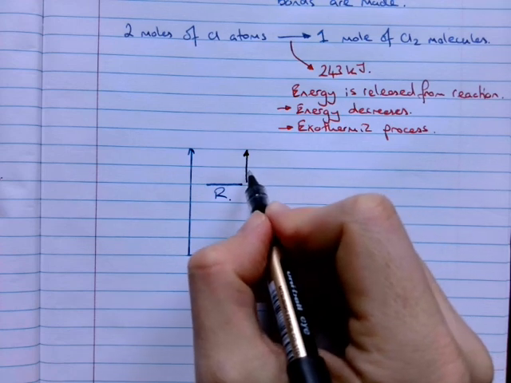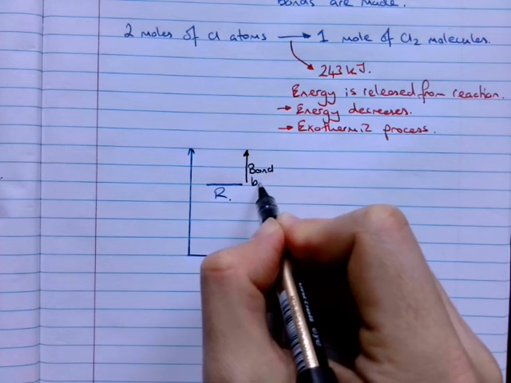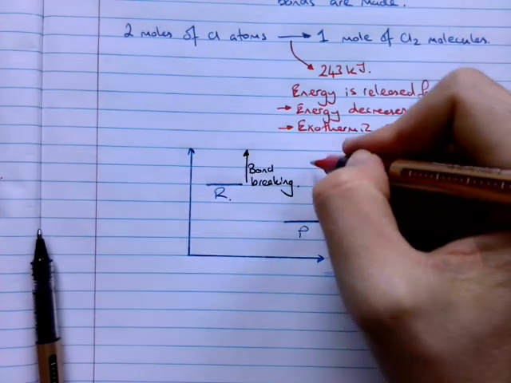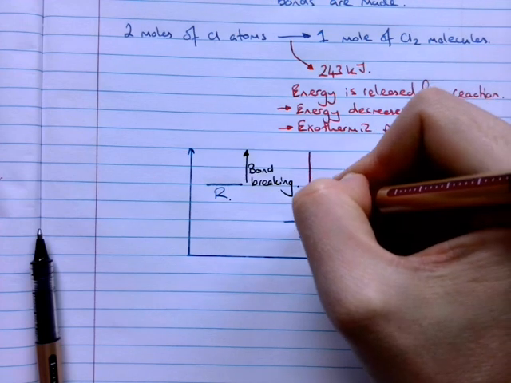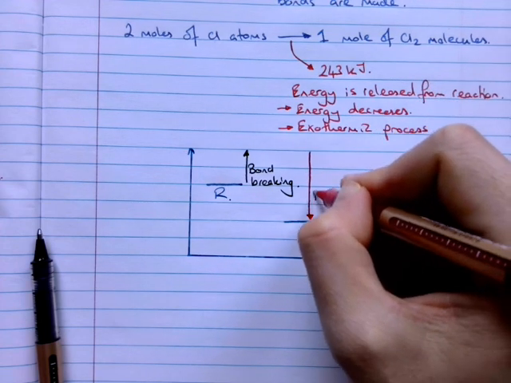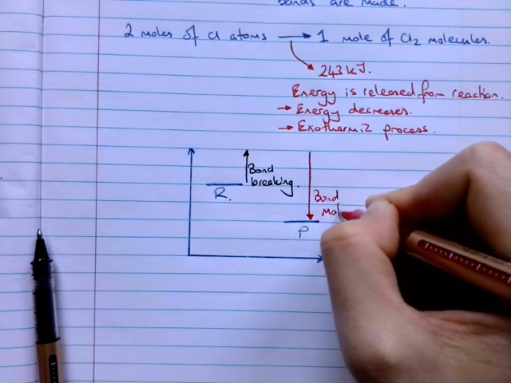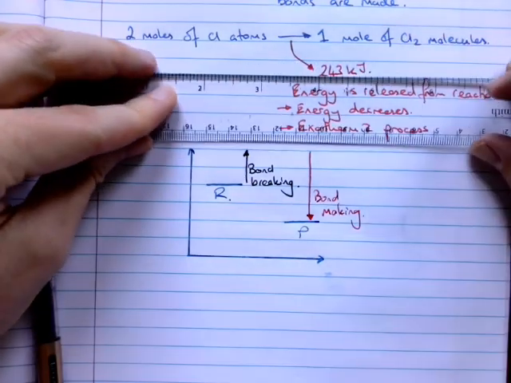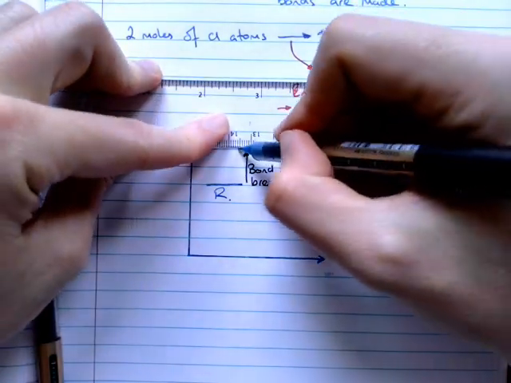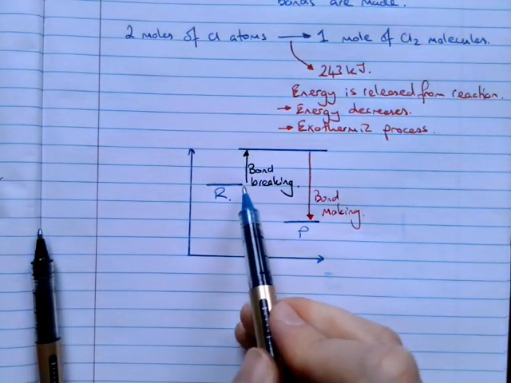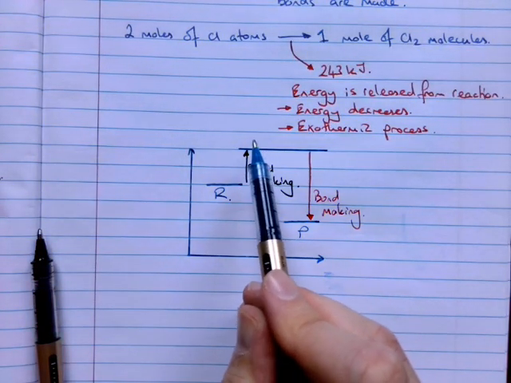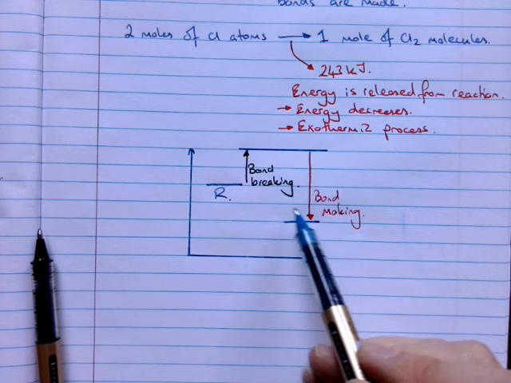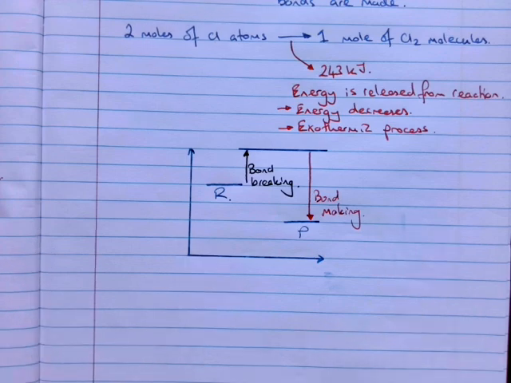This is bond breaking. And then after that, we make all of the bonds. Bond making. Because bond breaking is endothermic, that part of the process is going up. Because bond making is exothermic, that part of the process is going down. However, in this one, overall, it is exothermic, but we'll come to that in a bit.